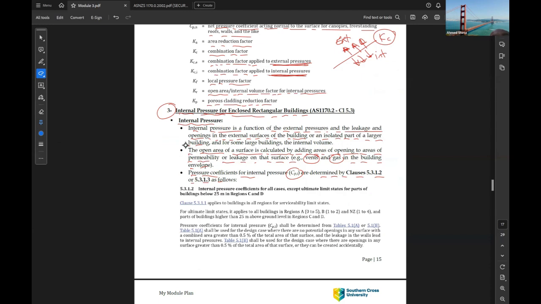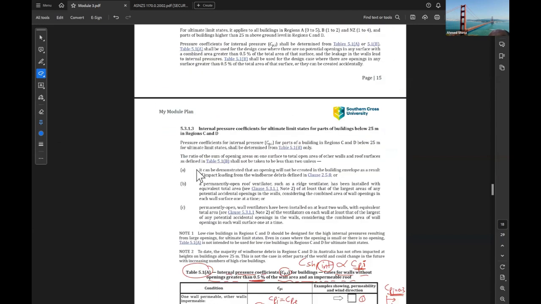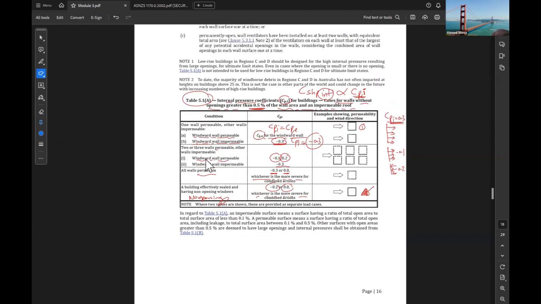Okay, the internal pressure for an enclosed rectangular building can be found using these two tables, and mainly we are looking at this table. So for walls without openings greater than 0.5%, this means the opening in this case is less than 0.5% of the wall area, so the wall is impermeable.